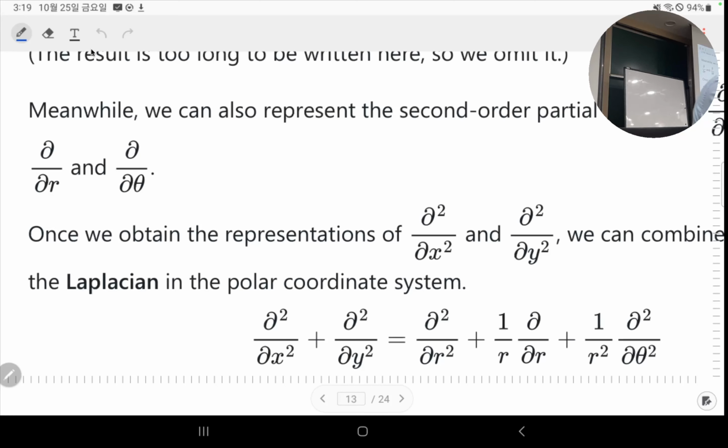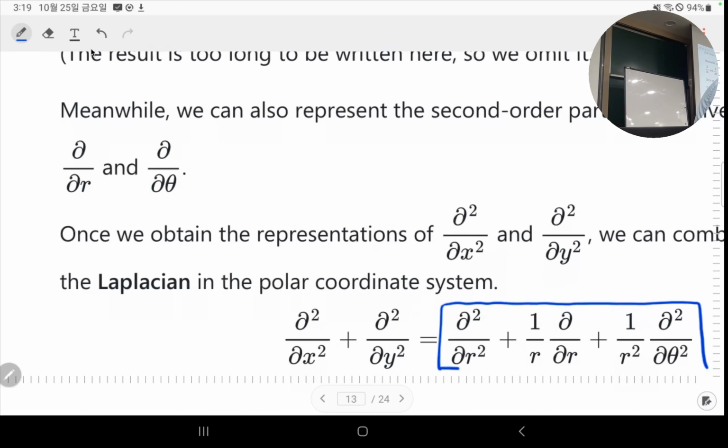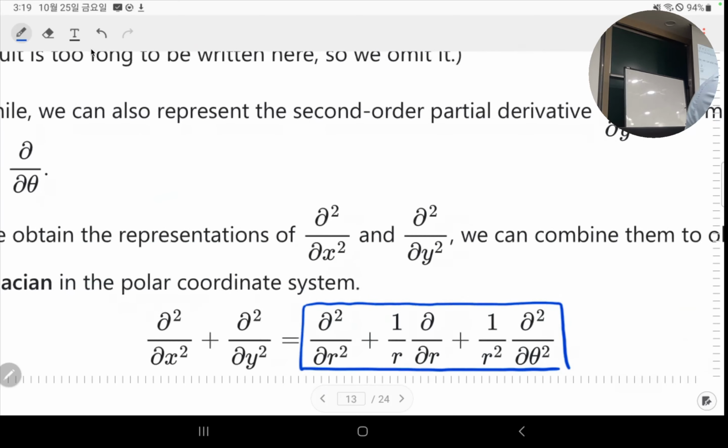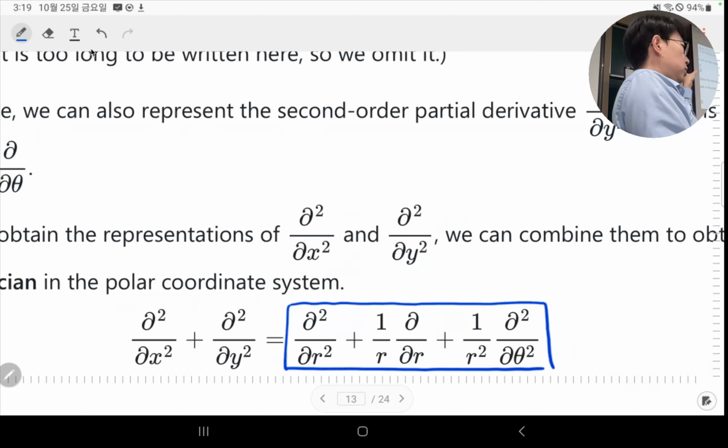So once you do all this computation, you get this. This is the same operator that you have in the definition of a harmonic map. So if your function is defined in terms of r and theta, you can apply the right-hand side operator onto it to check whether it becomes 0.